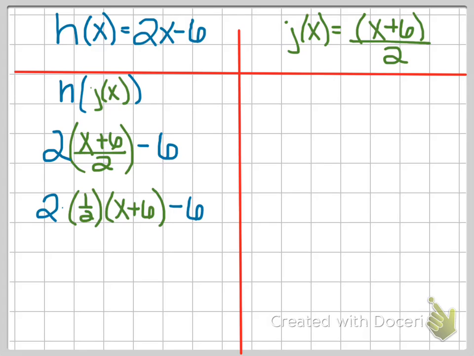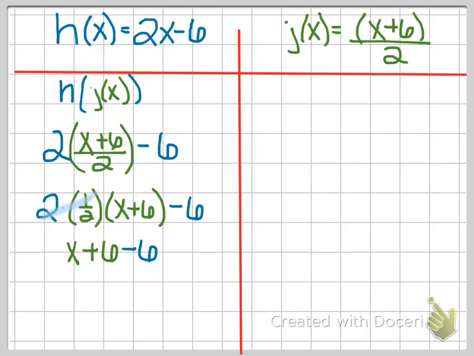That there are some multiplicative and additive inverses of each other. 2 times 1/2, or 1/2 of 2, is the multiplicative identity. There is a 1 pair right there.